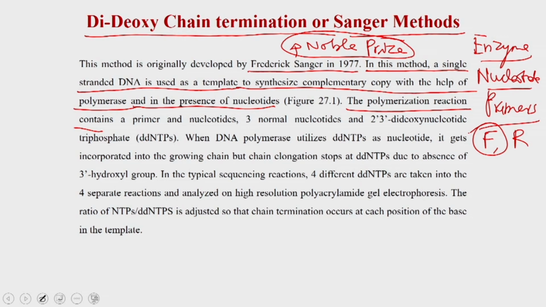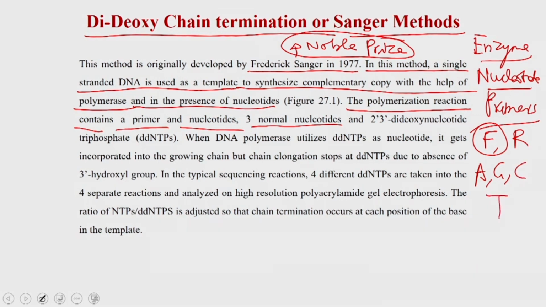So, in the polymerization reaction you have the primer and the nucleotides. You know that we have 4 different types of nucleotides: adenine, guanine, cytosine and thymine.